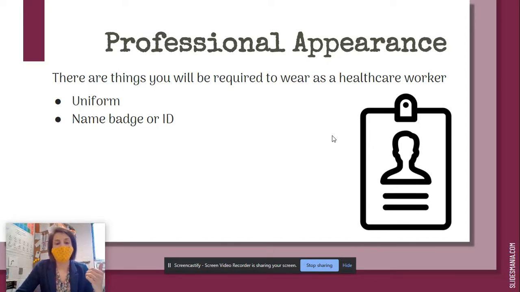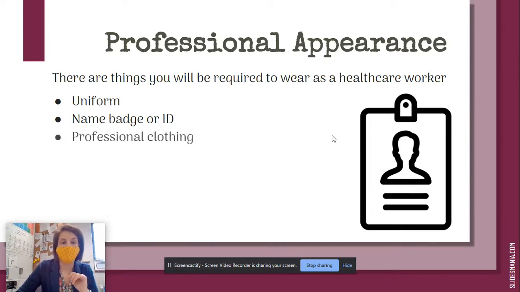So it's a security thing to make sure that you're supposed to be there. It's also a place to display your credentials to let people know that you're a doctor or a nurse and what kind of nurse, or that you're a respiratory therapist or whatever. So it has to be somewhere up here. Just get used to them. Know that you're going to have them for the rest of your life.